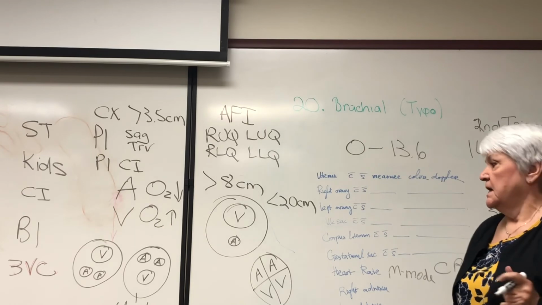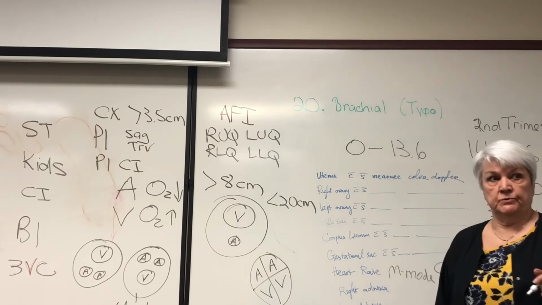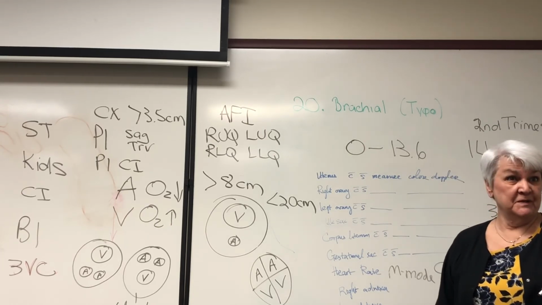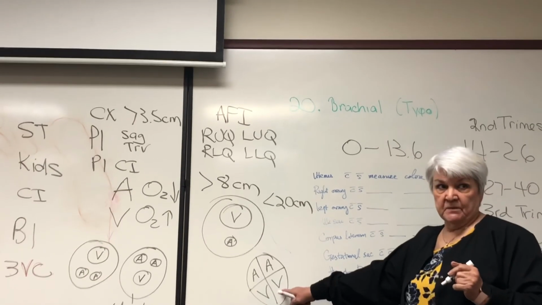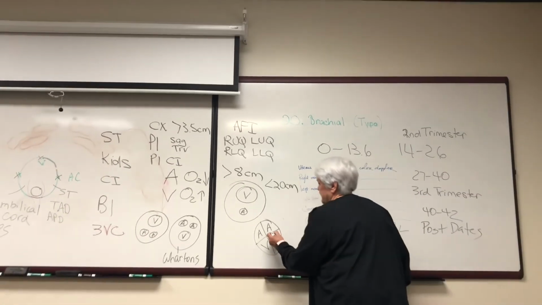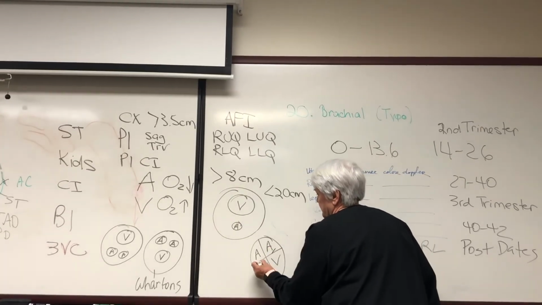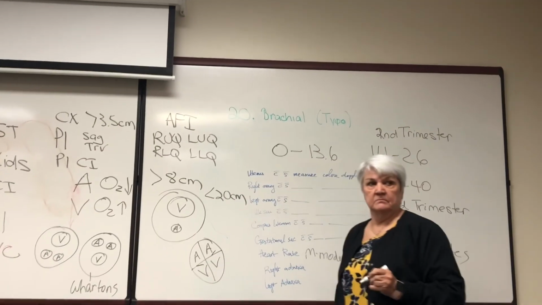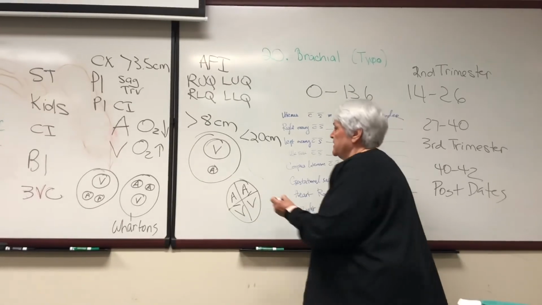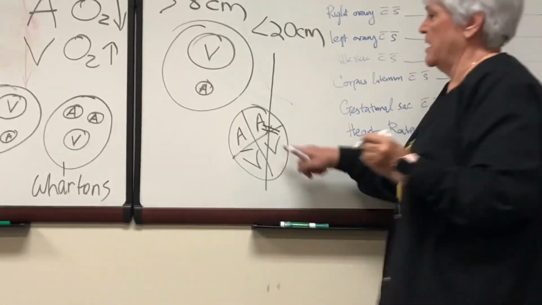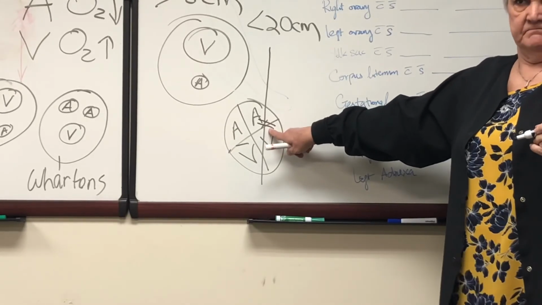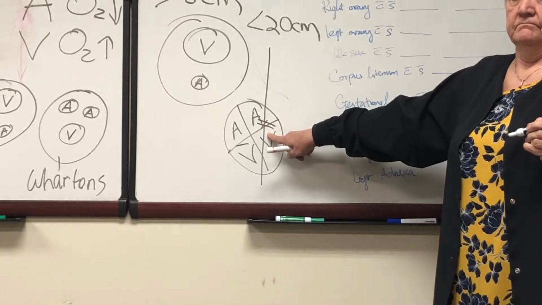Okay? Now, when you do your M mode for your heart rate, you're gonna get your 4-chamber heart. There's a leaflet here. There's a leaflet here. Okay? You want to put your sample volume on that leaflet. Okay?